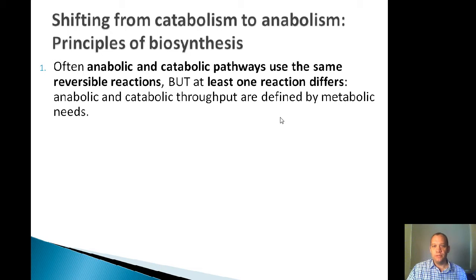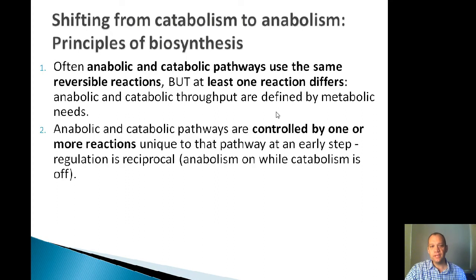But of course, when we talk about pathways, at least one of those reactions in the pathway has to differ. Anabolic and catabolic throughput is then defined by the metabolic needs. Anabolic and catabolic pathways are controlled by one or more reactions unique to that specific pathway, normally at an early step in the pathway so that we don't waste energy and metabolites.